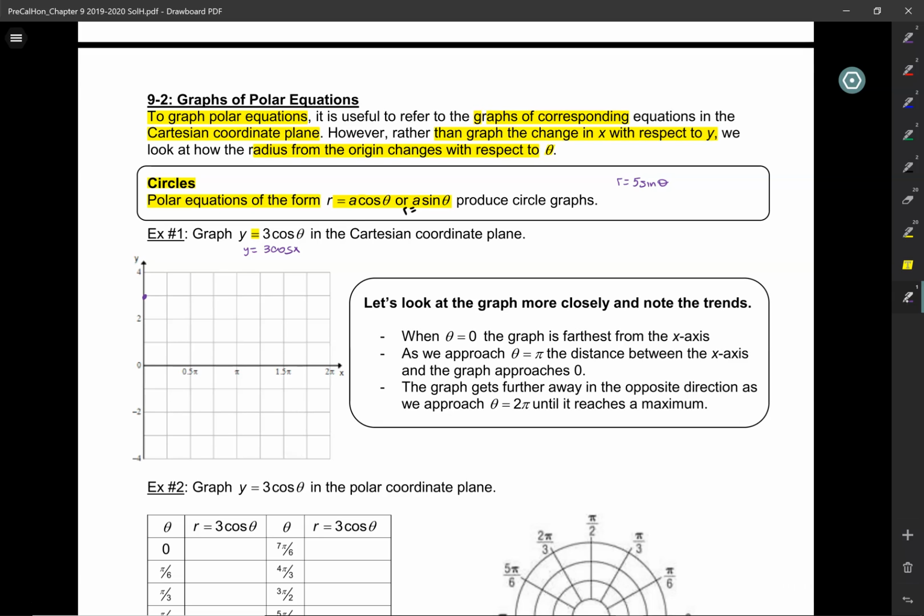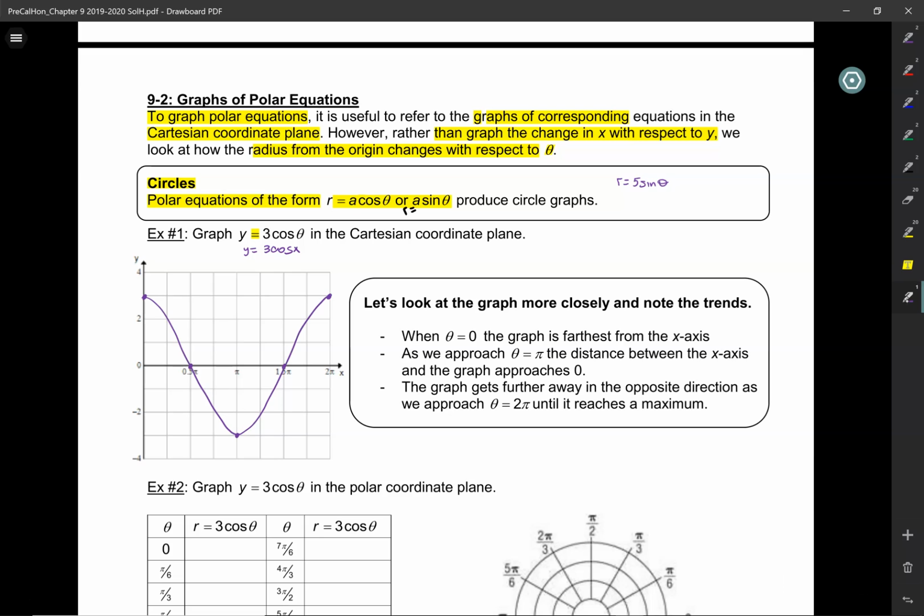Then at pi over 2 it's going to go to 0. At pi it's going to go to the minimum, then 0, then back to the maximum. And when I connect those points, that's how cosine looks, right?